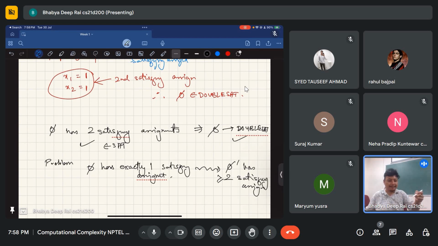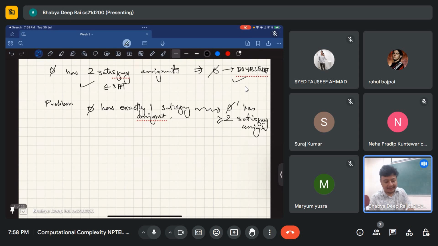You mean do a negation? No, not that. So let's say our formula looks like this: x1, x2, x3, x4, x5, x1 again. Yeah, that's allowed in a formula. X3, x5.